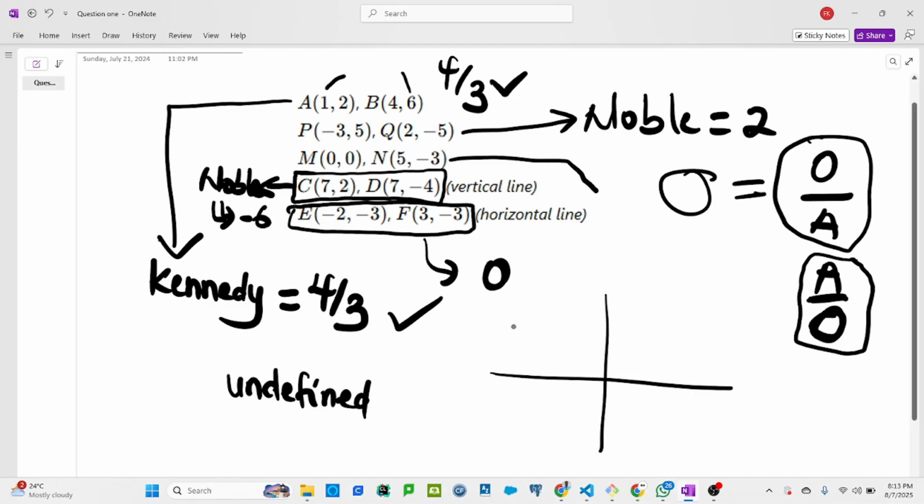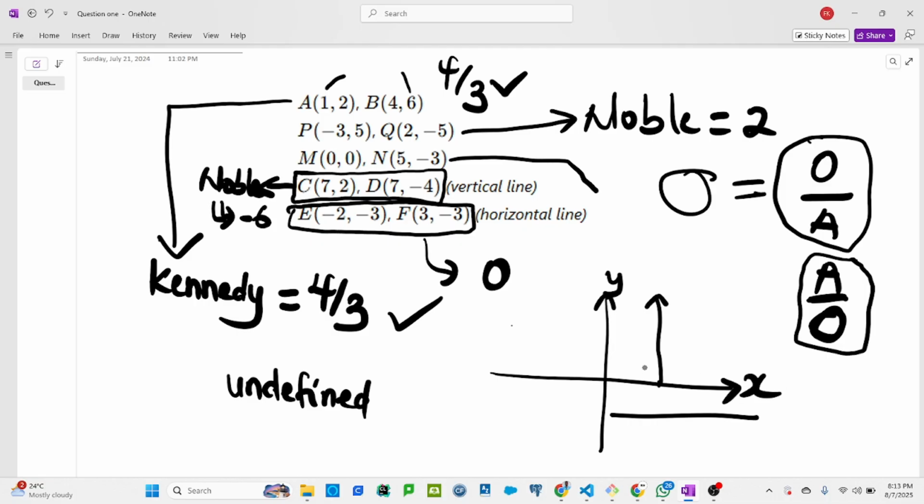But when the line is parallel to the x-axis, or it is a horizontal line, the gradient is always zero.